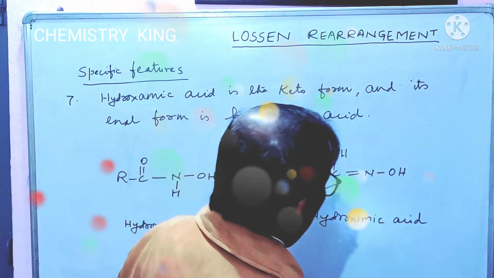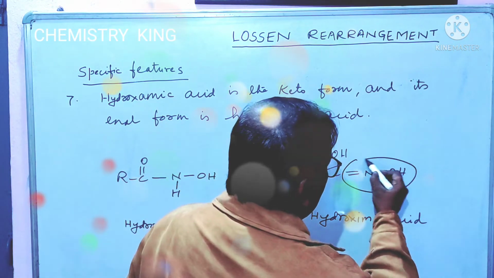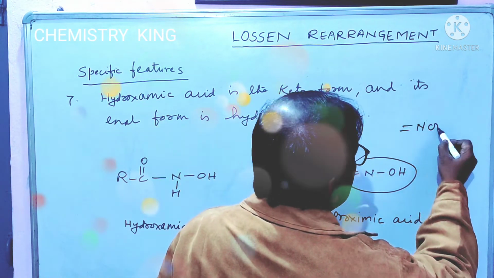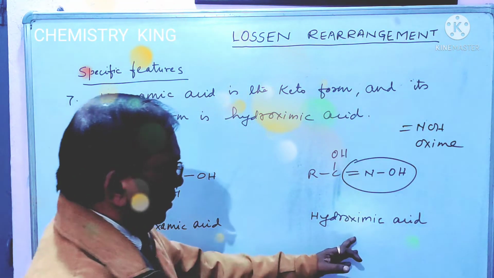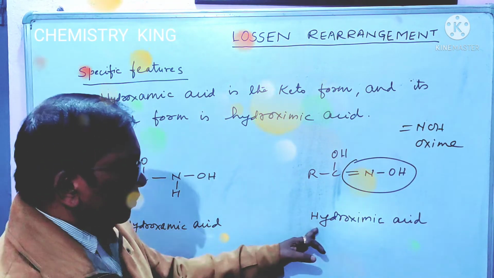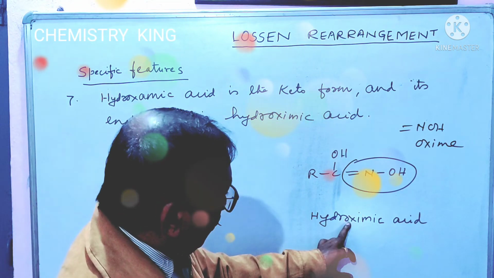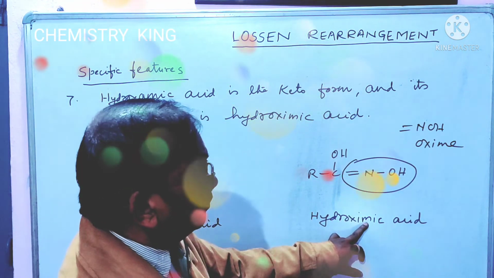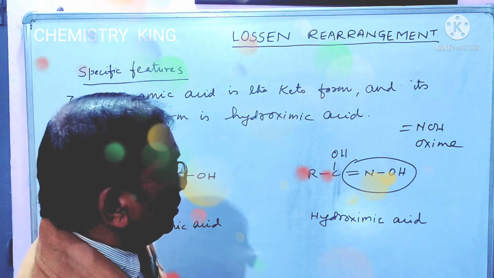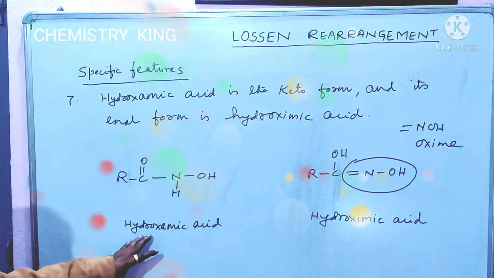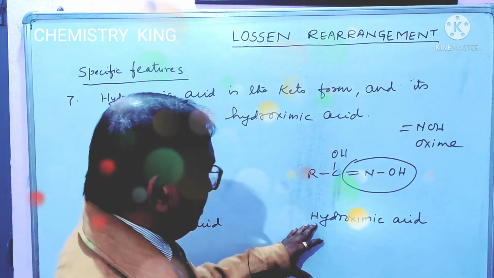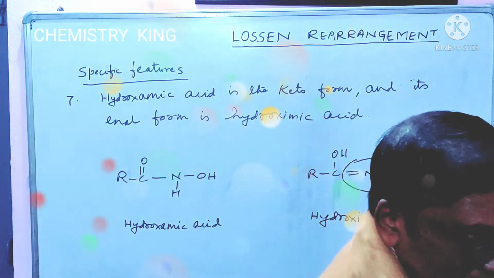Friends, you already know this double bond NOH is oxime. So, you should not confuse it with this name. It is oxime, double bond NOH. So, this is hydroxamic acid and this is hydroximic acid.